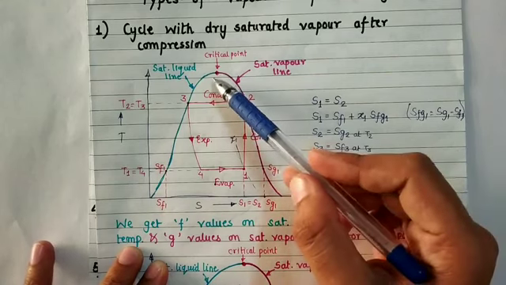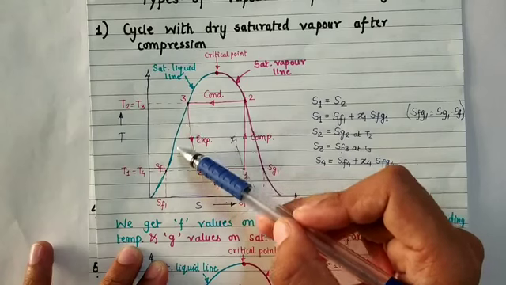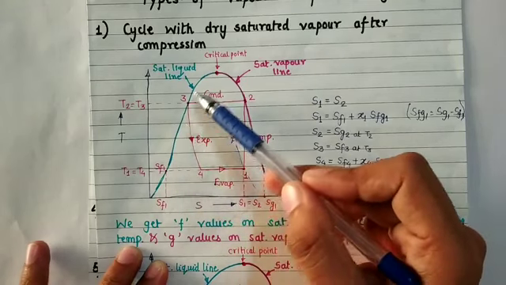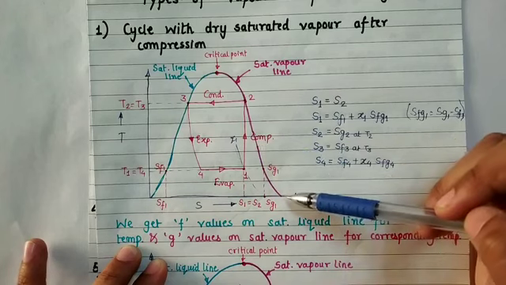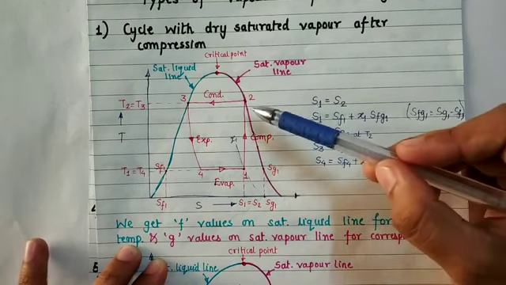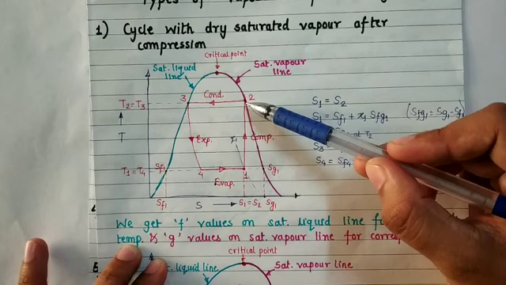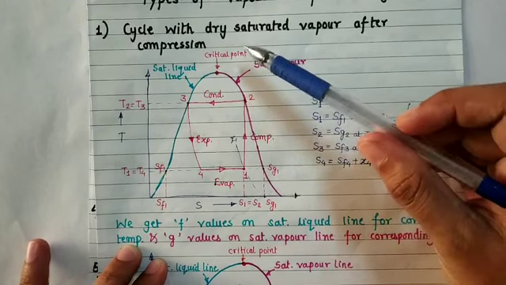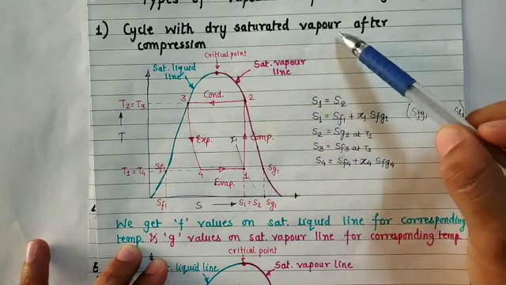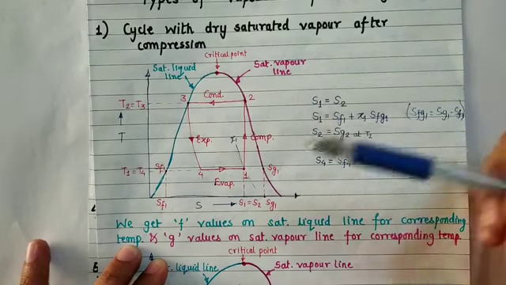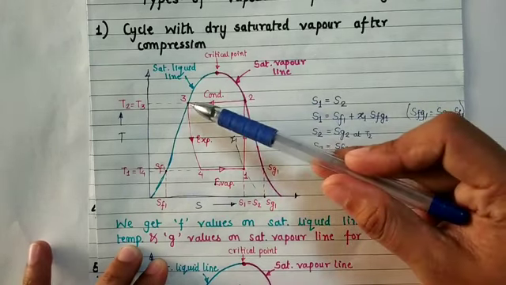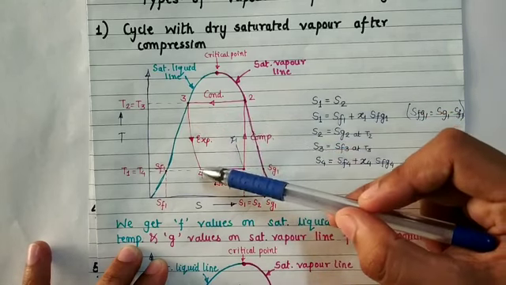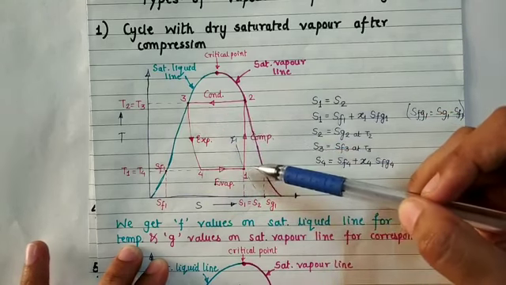Any point on the saturated liquid line will give us saturated liquid values, and any point on saturated vapor line will give us saturated vapor values. So point 2 needs to be drawn on saturated vapor line because cycle with dry saturated vapor after compression is mentioned. So 1 to 2 is the compression process, 2 to 3 is condensation, 3 to 4 is expansion, and 4 to 1 is evaporation.